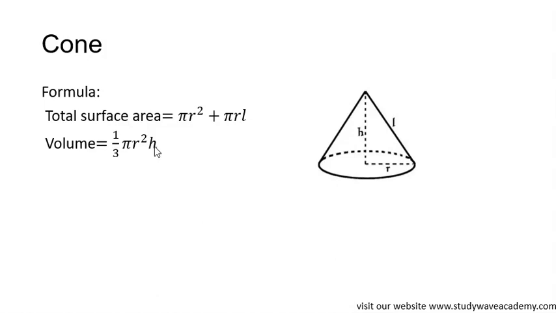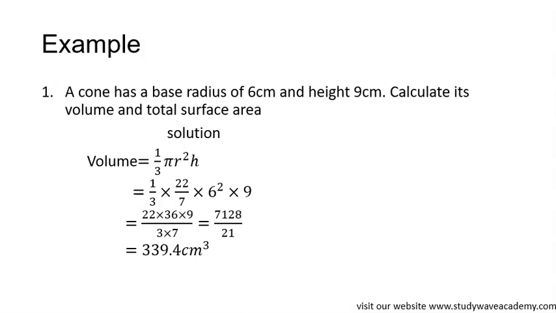So we're going to be looking at an example to help us apply this formula. Are we ready? A cone has a base radius of 6 cm and height 9 cm. Calculate its volume and total surface area.